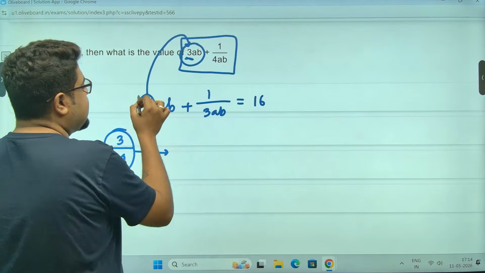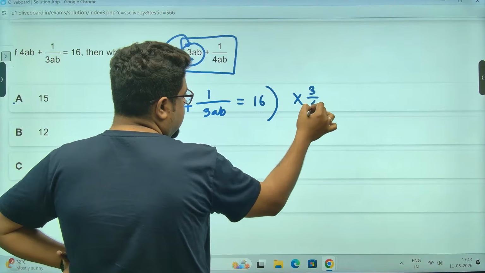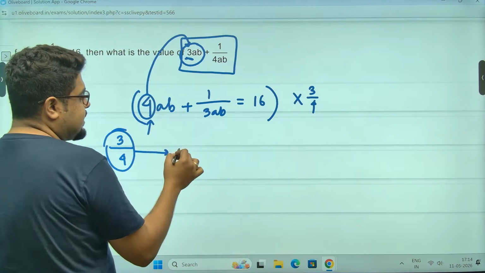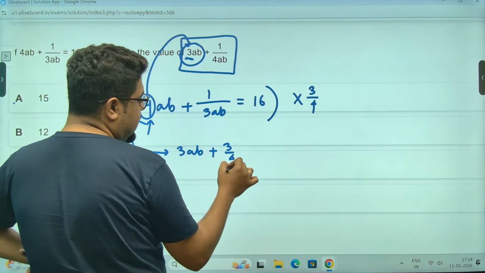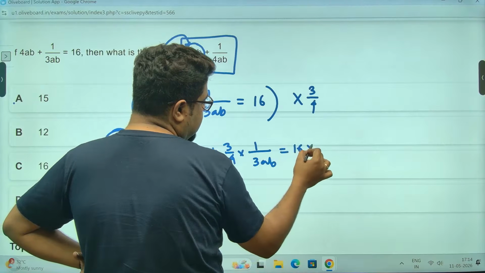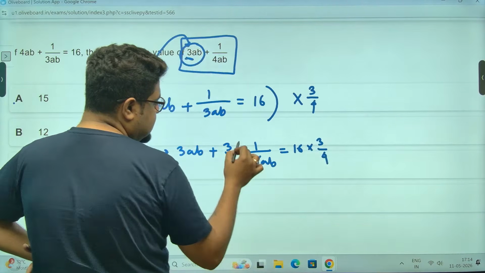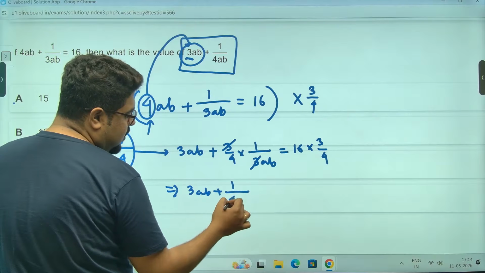So if I multiply the whole equation by 3 by 4, the 3 by 4 cancels. This will be 3AB plus 3 by 4 into 1 by 3AB. Sir, can you see? Automatically we just got 1 by 4AB.